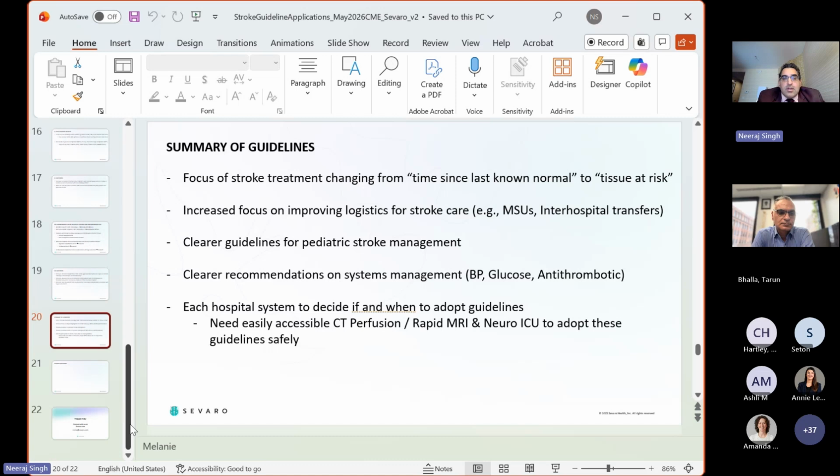It's always important for us to be aware of the changes coming with the guidelines, but also be aware that more changes may come. Maybe there'll be an even more extended time window, even more recommendations on the effectiveness of things like mobile stroke units. So we look forward to the further things that come along.